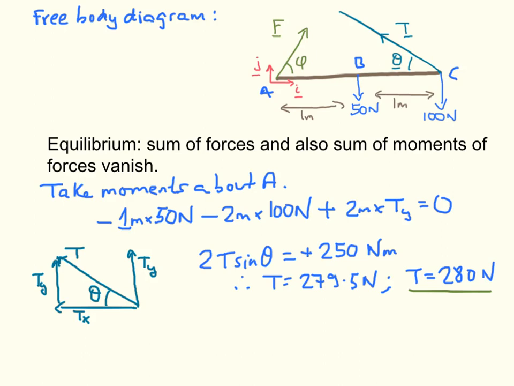And if we want to write T as a vector, well, T as a vector is going to be T sub x times i, but it's acting this way, so it's going to have a minus sign.